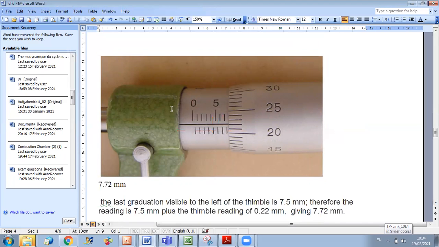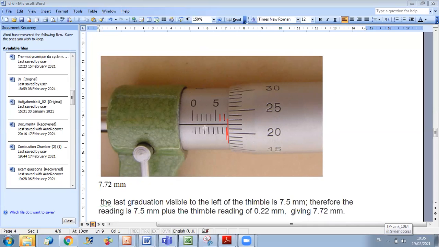Okay, in the other example, I look first at the graduation just at the left of the symbol. Here it is a lower graduation. So if I read, what do I have? This is 5, this is 6, this is 7, and this is 7.5. This means that now I am reading 7.5 plus something.